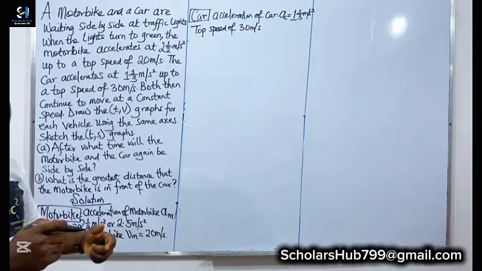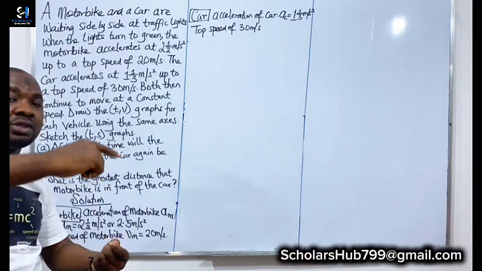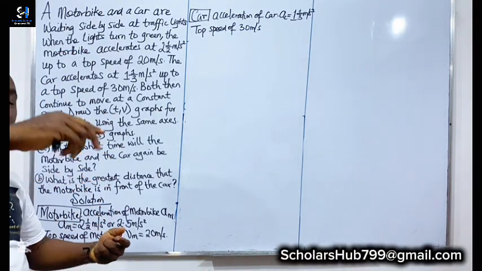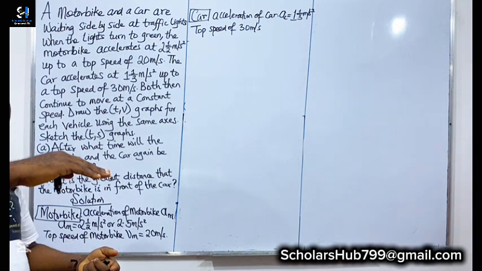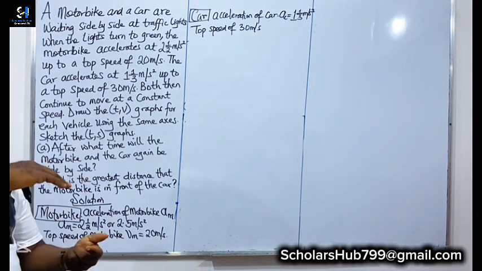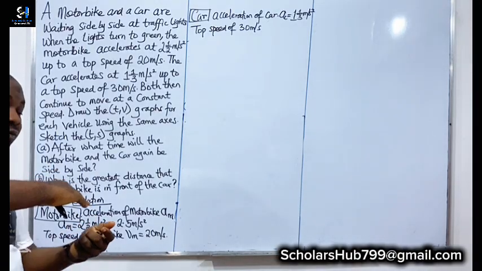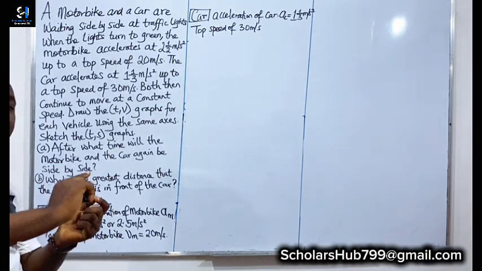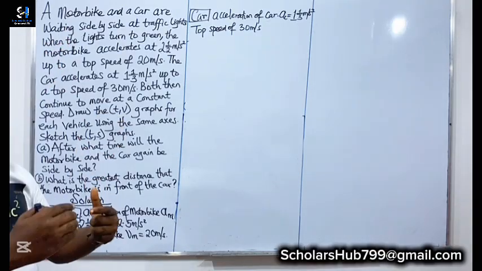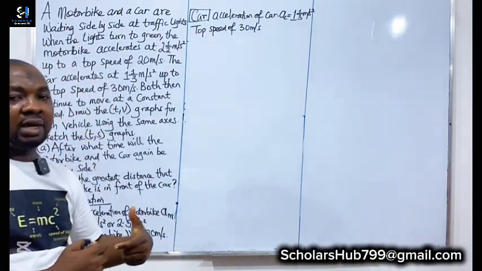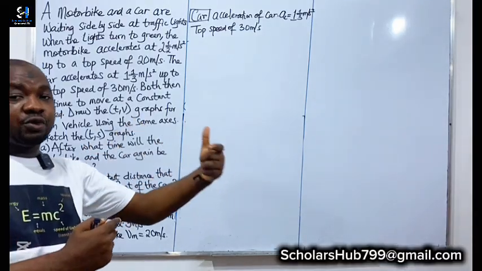Top speed is just like when we draw the velocity-time graph. We know that it will be a straight line passing through the origin. So when the motorbike goes from the origin to the top speed, we first need to calculate the time it takes the motorbike and the car to reach the top speed.